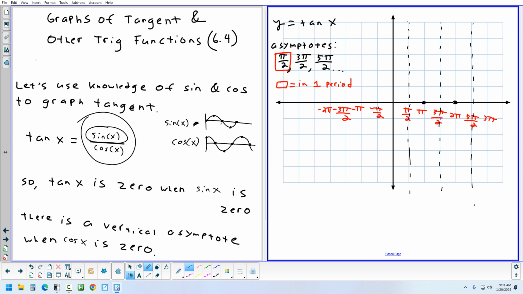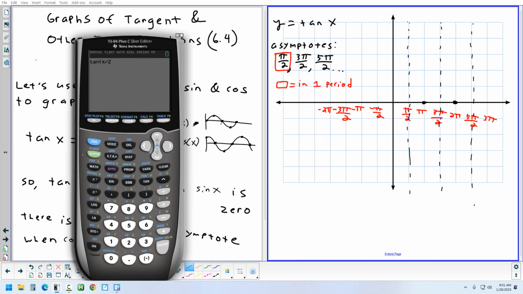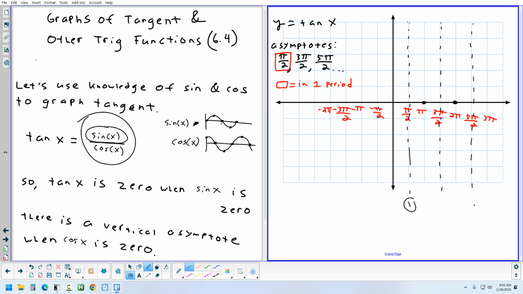All right, so now let's pick a value very close to pi over 2 and plug it in for tangent. To get something close to pi over 2, I would just go like this. Plug in pi divided by 2. And do I want a number a little bigger than pi over 2 or a little smaller if I want to check what's happening to the right of asymptote number 1?